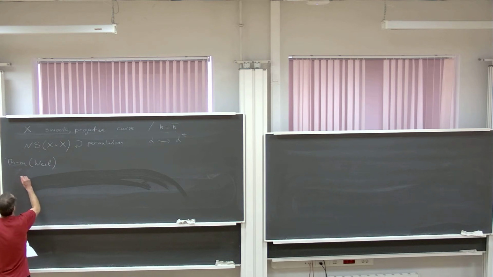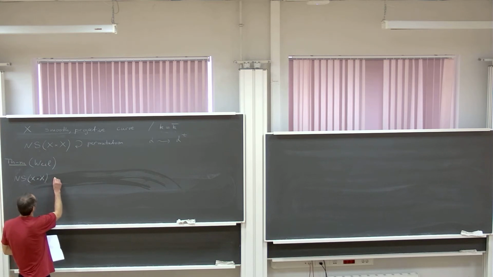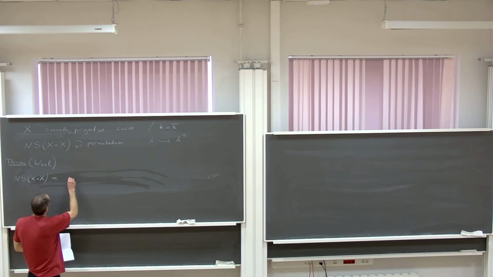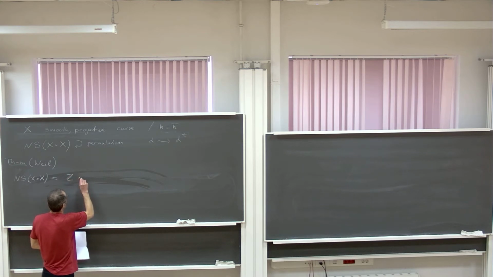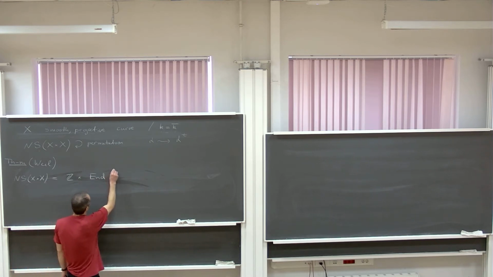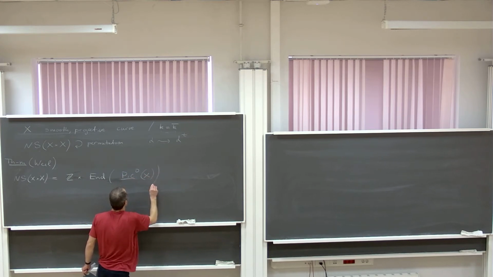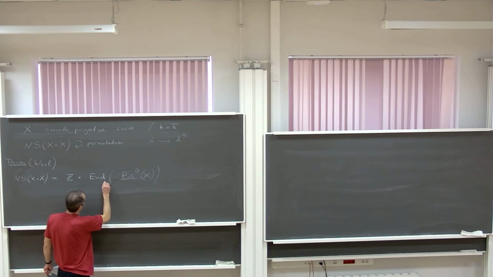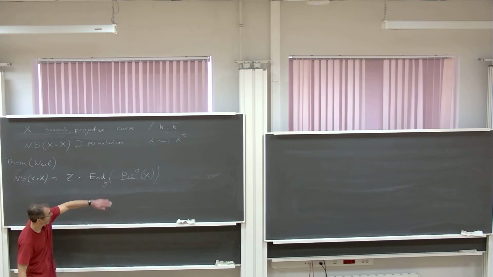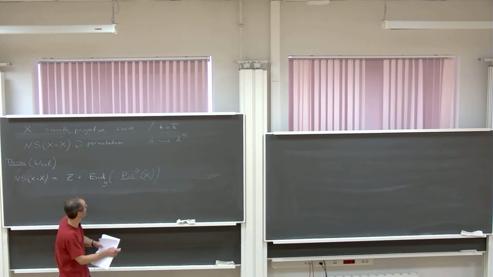This Néron-Severi group of X times X, I will also refer to this group as correspondences from X to X. So this is isomorphic to Z times endomorphisms of a group scheme, which is the Picard group, Pic^0 of X. And this is endomorphisms in the category of group schemes, right? So maps from this scheme to itself that preserve the group structure, right? Plus times Z.